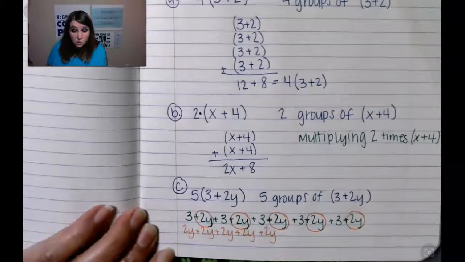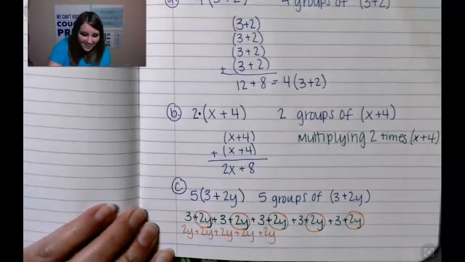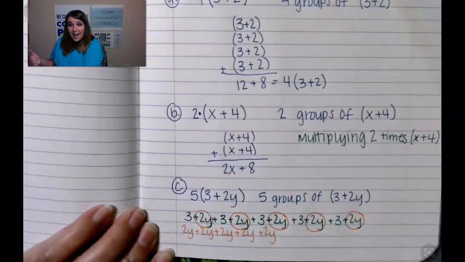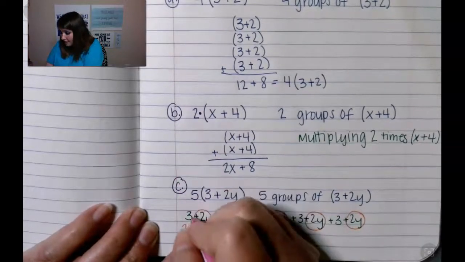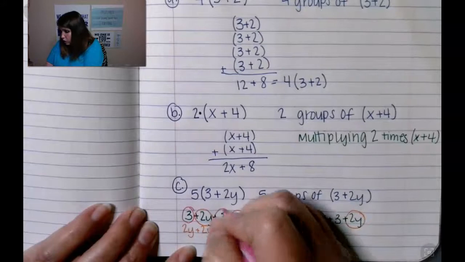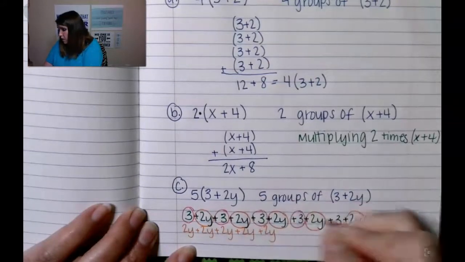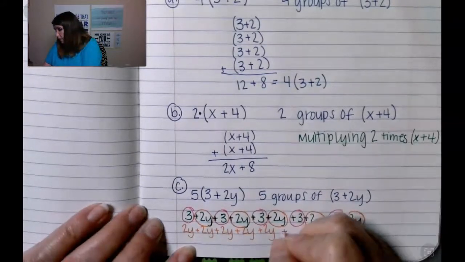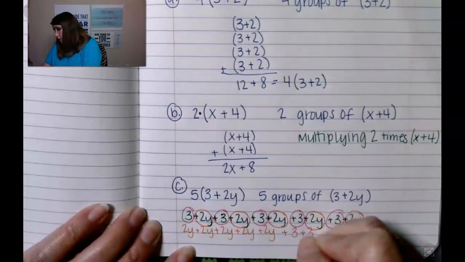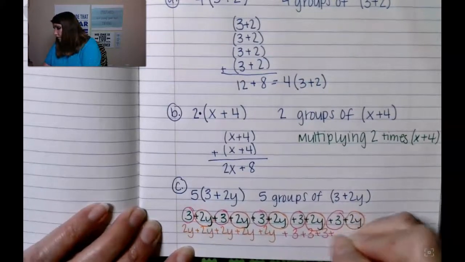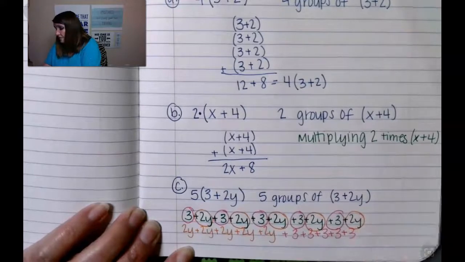That's a lot of 2y's. Okay, and then I also have another like term. 1, 2, 3, 4, and 5 threes.